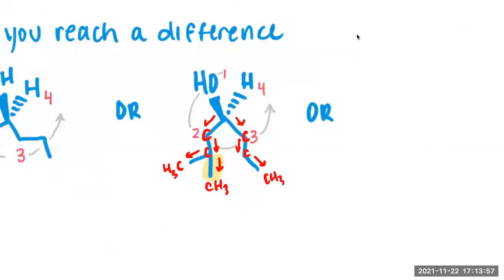So even though you don't want to think of priority as a summative game in terms of atomic mass, like you don't want to say, okay, well, this side is bigger and has more mass, so therefore it should be higher priority. That is not the case, okay? It's more of like, it depends on the atomic number. So what we really had over here was, okay, so we realized, we had to branch out all the way up to here. Okay, we had two carbons.